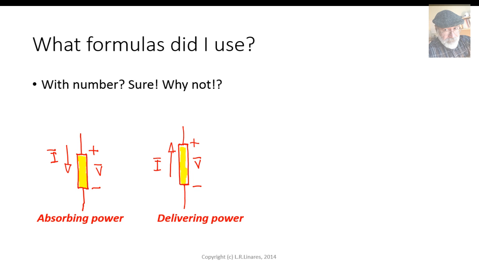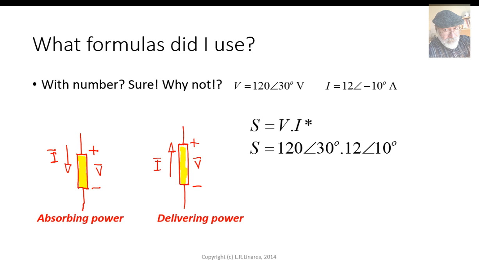Let's do that with numbers now. For that, let's say that we know the voltage is 120 volts RMS, 30 degrees, and the current is 12 amps RMS, negative 10 degrees. Compute the power that is being absorbed by the impedance on the left or delivered by the impedance on the right. Use Steinmetz formula. V times I conjugate. That is the voltage 120, 30 degrees multiplied by the conjugate of the current, 12 amps, positive 10 degrees.